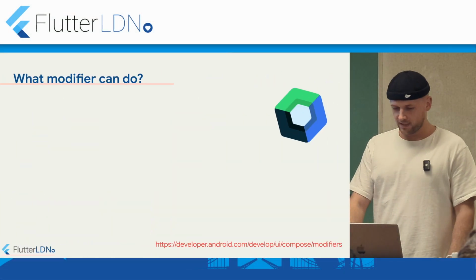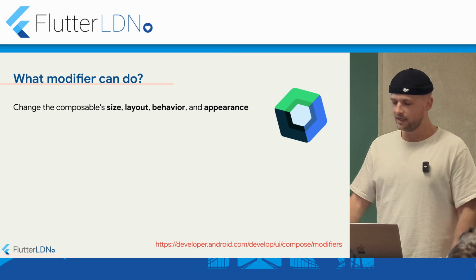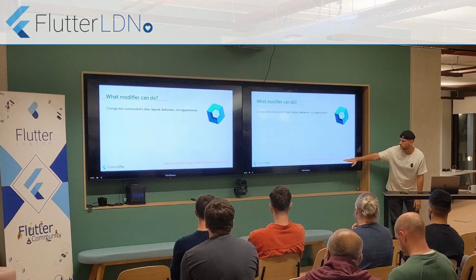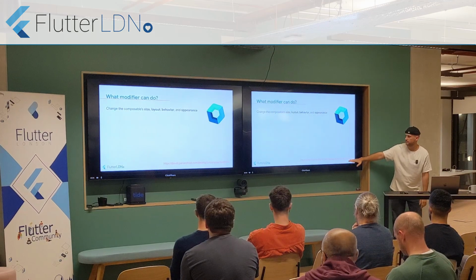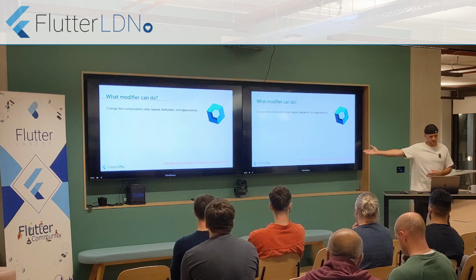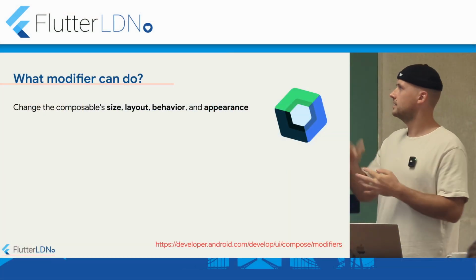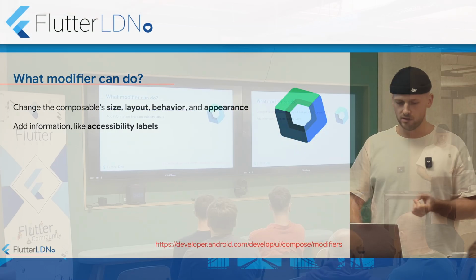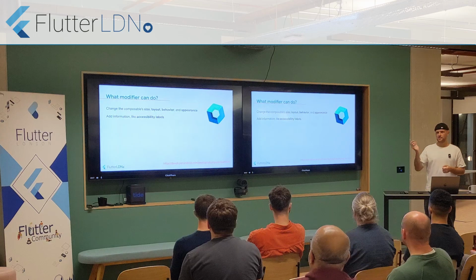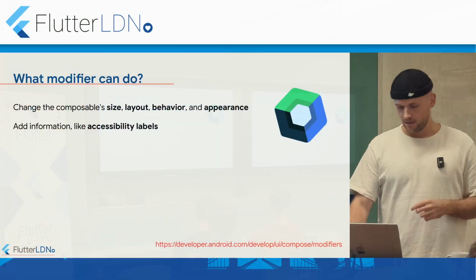Okay, so what can a modifier do? This is taken from the official Android Compose modifiers website. You can check the same URL. It says that it can change the composable's size, layout, behavior, and appearance. Also, add information like accessibility, I said semantics.